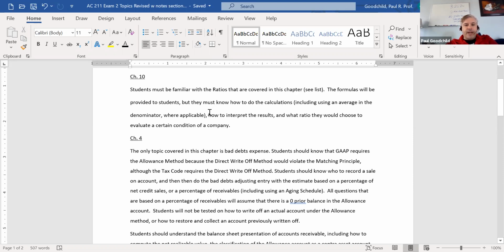Remember using an average in the denominator where applicable.